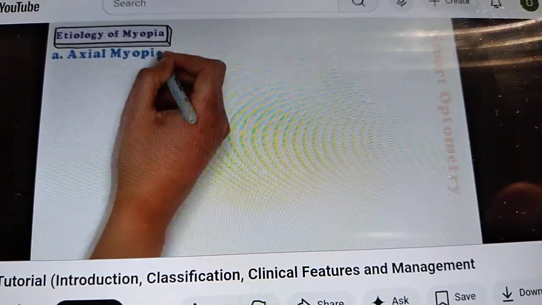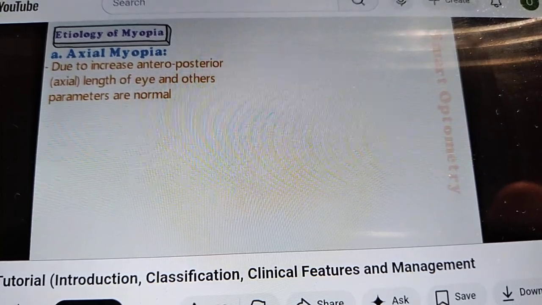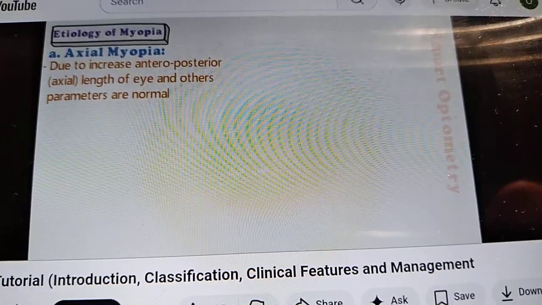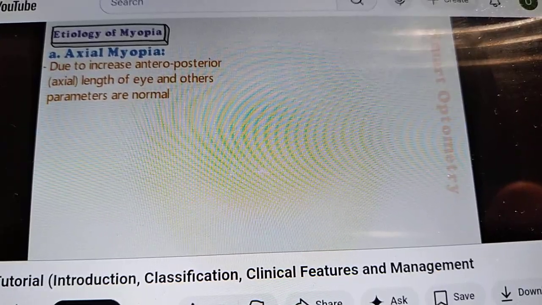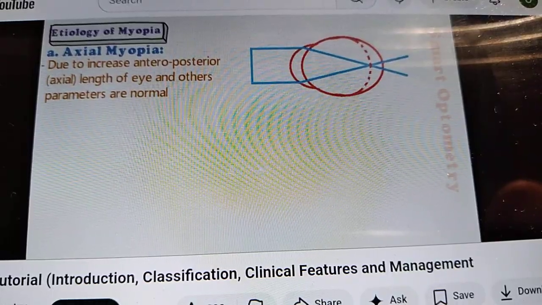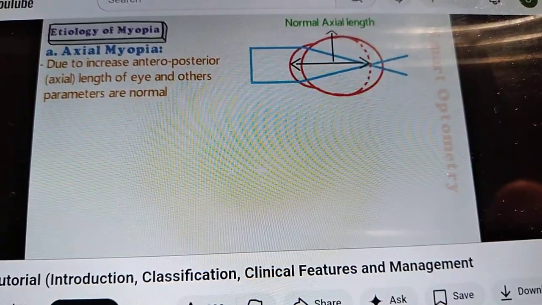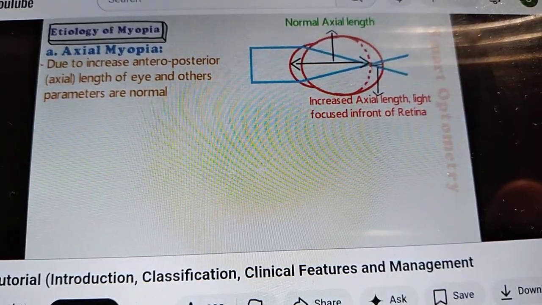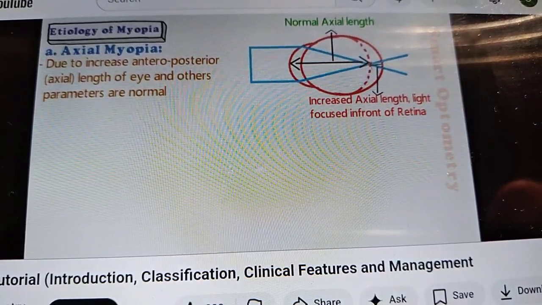A. Axial myopia. It occurs due to increased anterior-posterior or axial length of eye and other parameters are normal. Here, this is the example of axial myopia. This is normal axial length and due to increased axial length, light focused in front of retina.